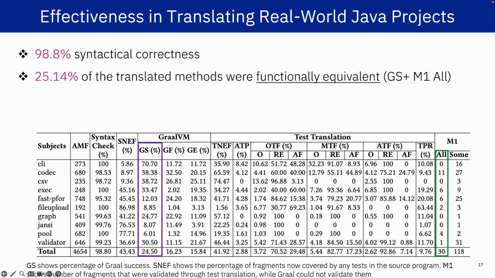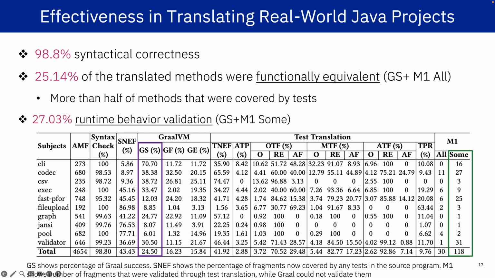So column M1 all means that all of the eligible tests that were translated passed, and M1 sum means that some of those tests pass. So functional equivalence here means the sum of Graal success plus M1 all. Also, AlphaTrans achieves around 27% runtime behavior validation, and this is the sum of Graal success and M1 sum, as shown here in the table.